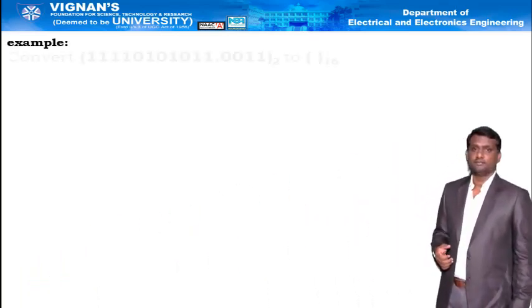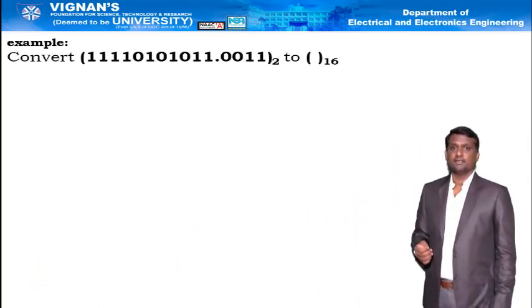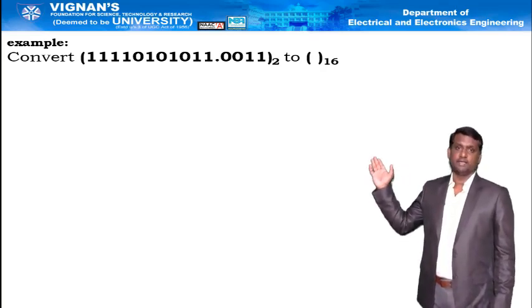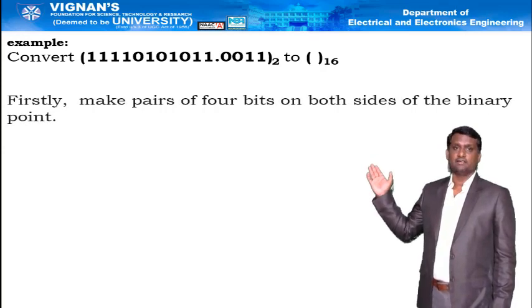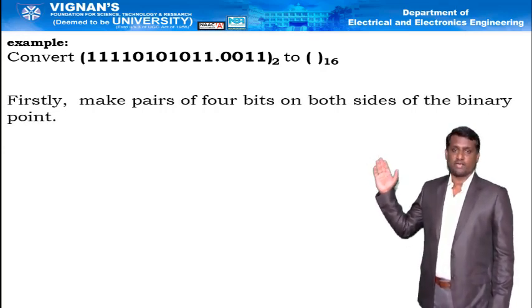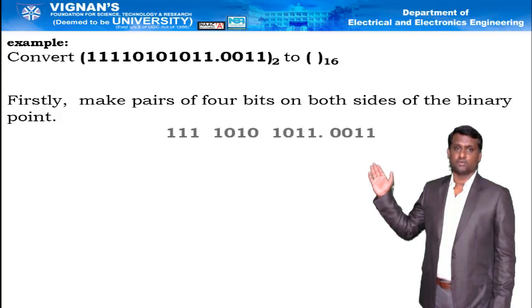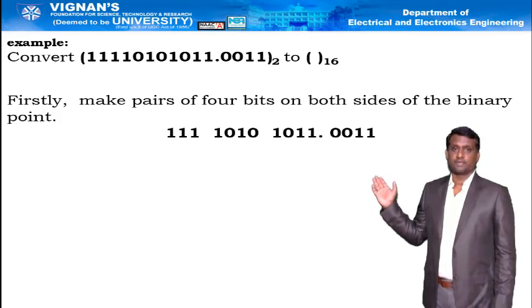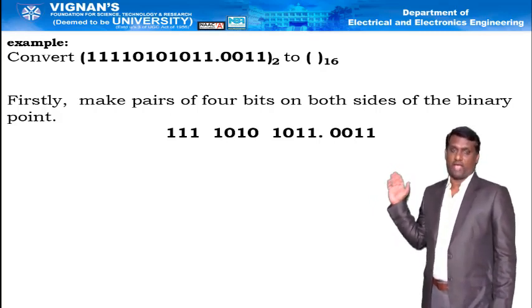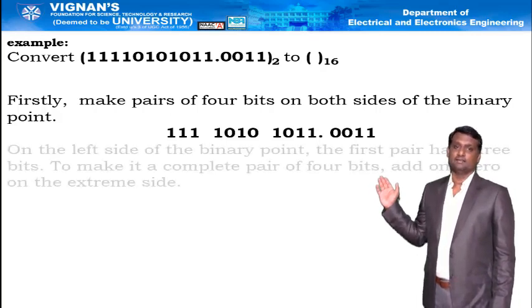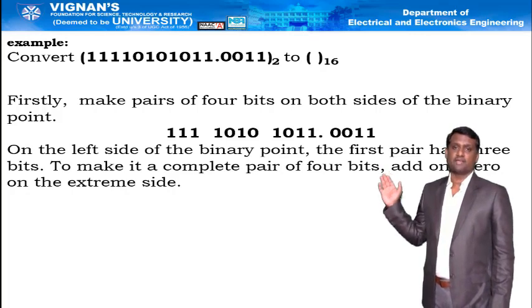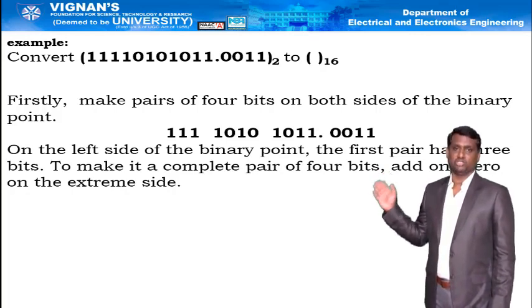For example, take the given binary number that we need to convert into hexadecimal. The first step is to make 4 bits as one group. You can see here the 4 bits as individual groups. If you observe, the extreme left has only 3 bits. So in order to make it 4, we need to add one 0.